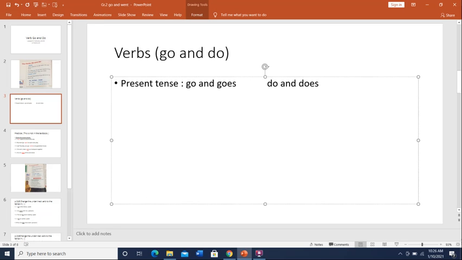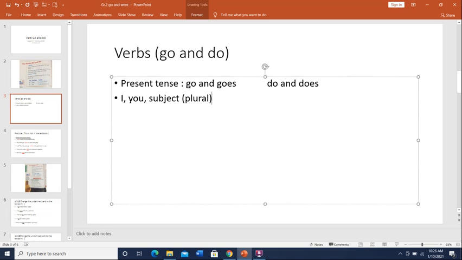If you remember, it's good. When do we use go and do? We use go and do when the sentence begins with I, you, or the subject is plural.